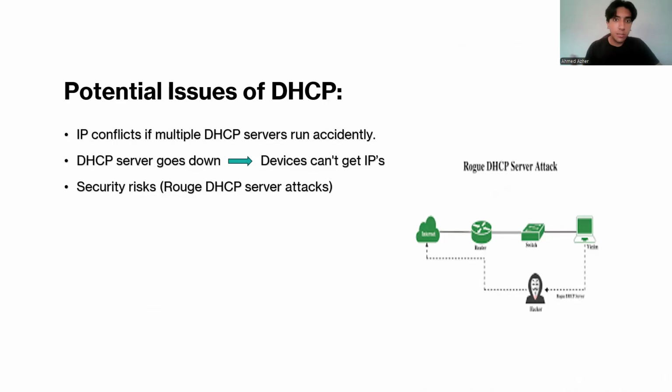Basically, if the DHCP server goes down, new devices can't get IPs and they can't connect to the network or internet. And there are security risks as well. For example, if a hacker sets up a fake DHCP server, they could redirect traffic and cause serious problems for people, for the company or whoever is running the DHCP server. So as a solution, network admins secure and monitor DHCP servers carefully.